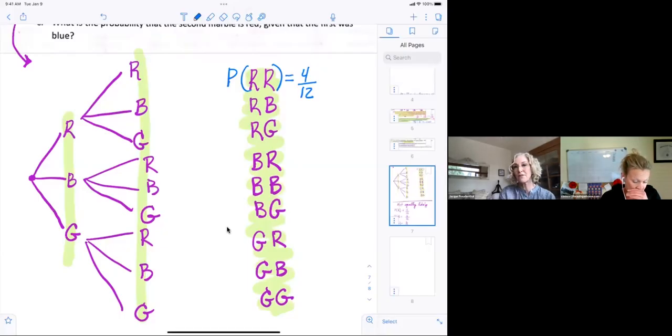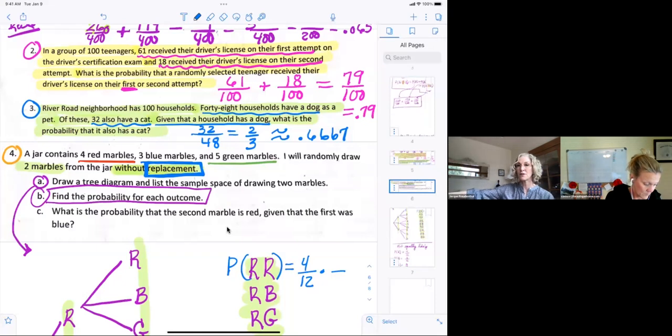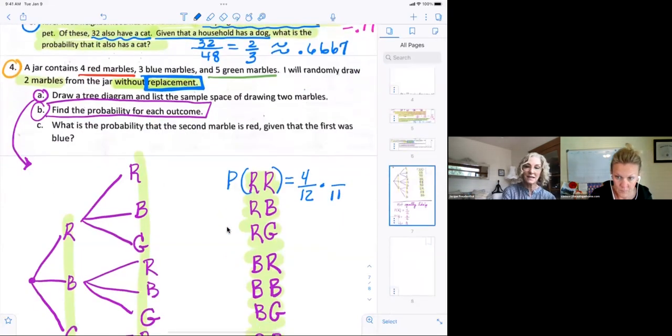So that's drawing my first red marble. Because it is without replacement, that means I'm going to put the first marble to the side. So now I only have 11 in my bag to draw from. I put a red marble to the side because my first marble was red. So now I only have 3.